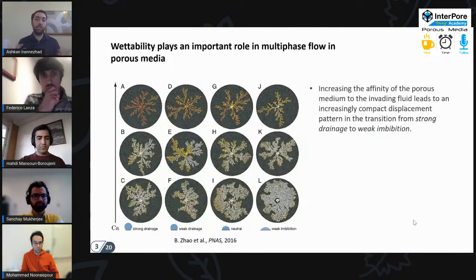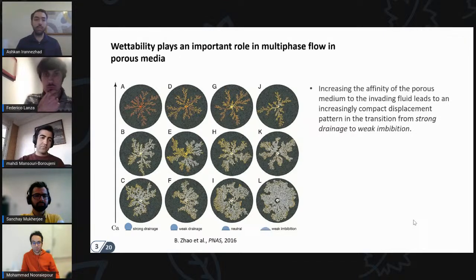Wettability plays an important role in multi-phase flow in porous media, and we know it through decades of experimental and numerical research, specifically this research done in 2016, which used microfluidic flow cells with different wettability conditions. It shows that as we increase the affinity of the porous medium to the invading fluid, the fluid-fluid displacement pattern becomes more compact.